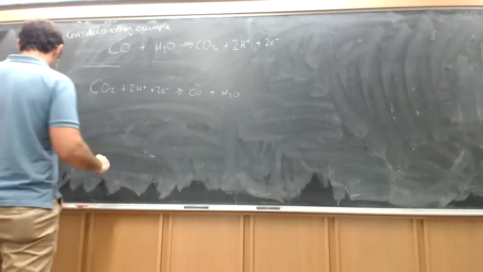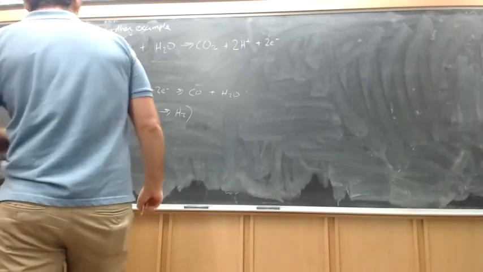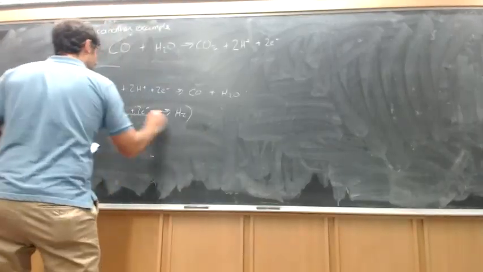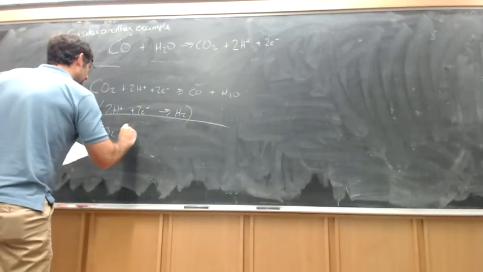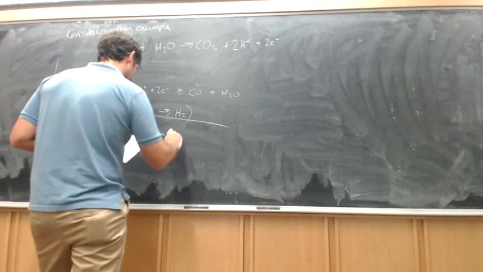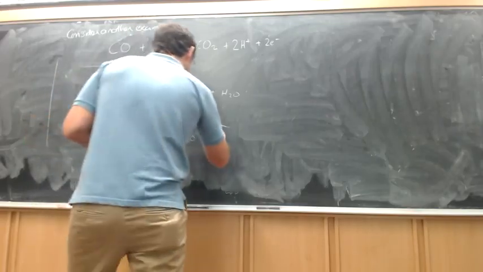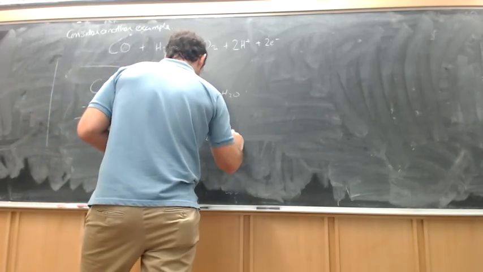And then I can add my reference half reaction and get a total reaction, which is CO2 plus H2 goes to CO plus H2O, and I could get a delta G0 for this.